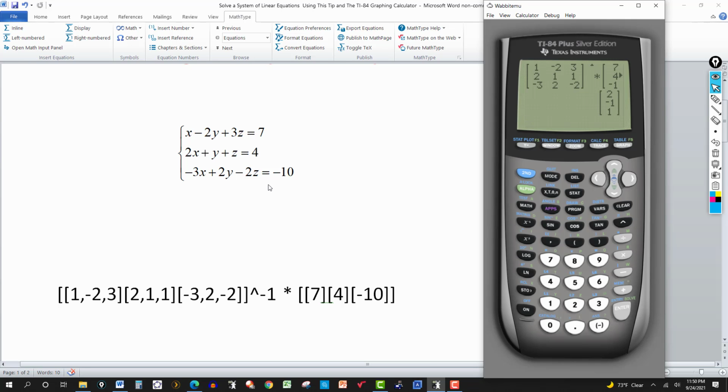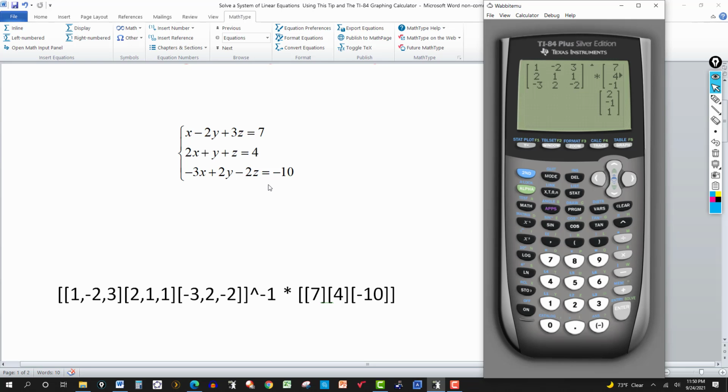Now, question is, can you figure out why this technique works? That's going to work for any system of linear equations: a 2x2, a 3x3, 4x4, 5x5. Okay, 5 equations, 5 variables. You can enter these all on the home screen.